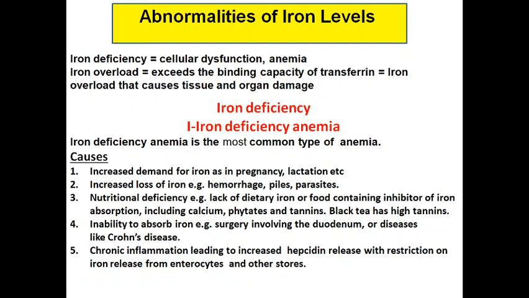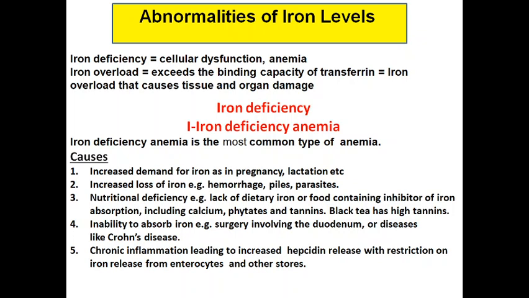Let us talk about the abnormalities of iron level. Iron levels may be decreased, as in iron deficiency, and that would cause cellular dysfunction and anemia, or it may become high, as in iron overload. When iron overload exceeds the binding capacity of transferrin, it causes tissue and organ damage.